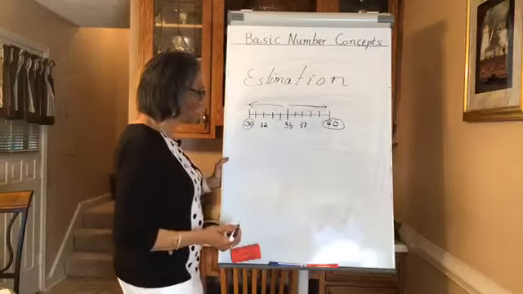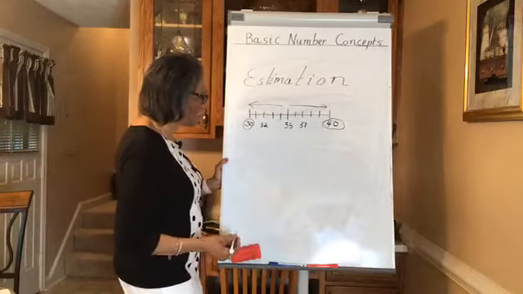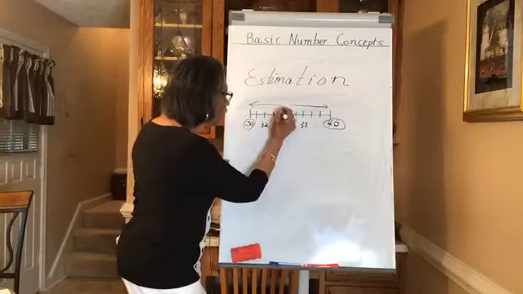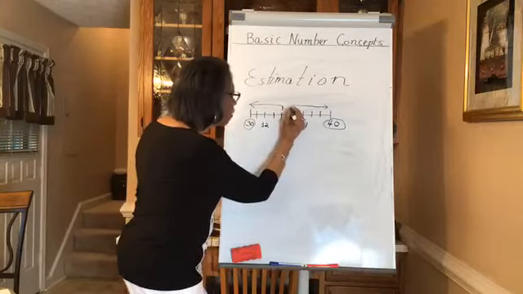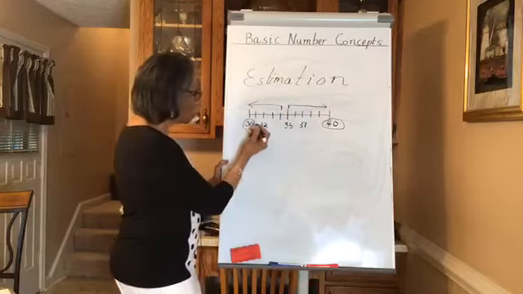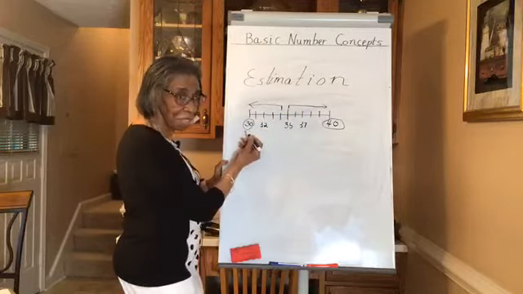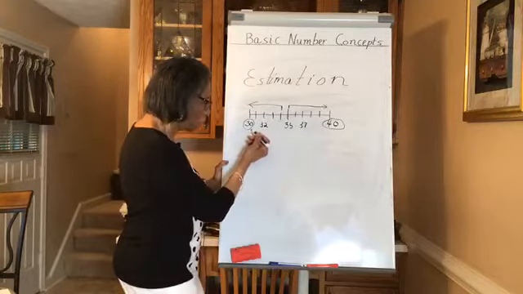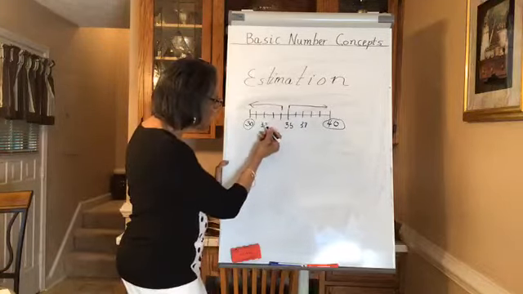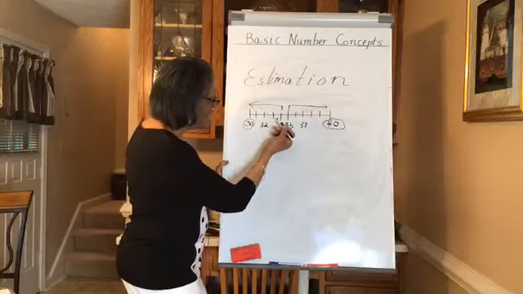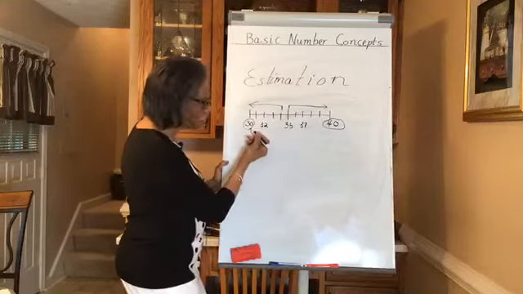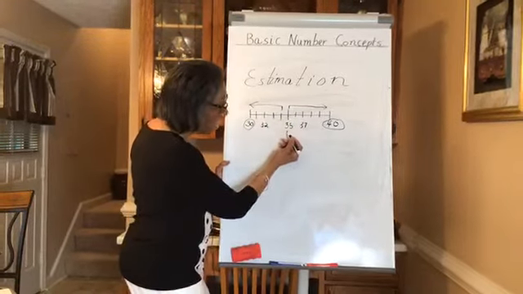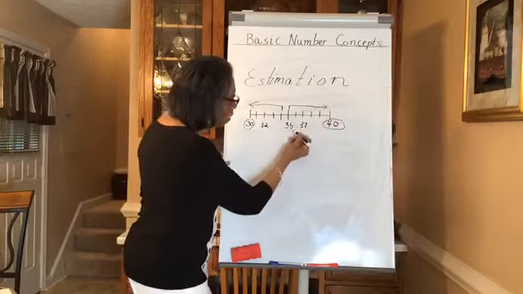Okay, that's one thing we found in our last problem. All right, so 31 is approximately 30. 32 is approximately 30. 33 is approximately 30. 34 is approximately 30. 35 is halfway, but we round it up.